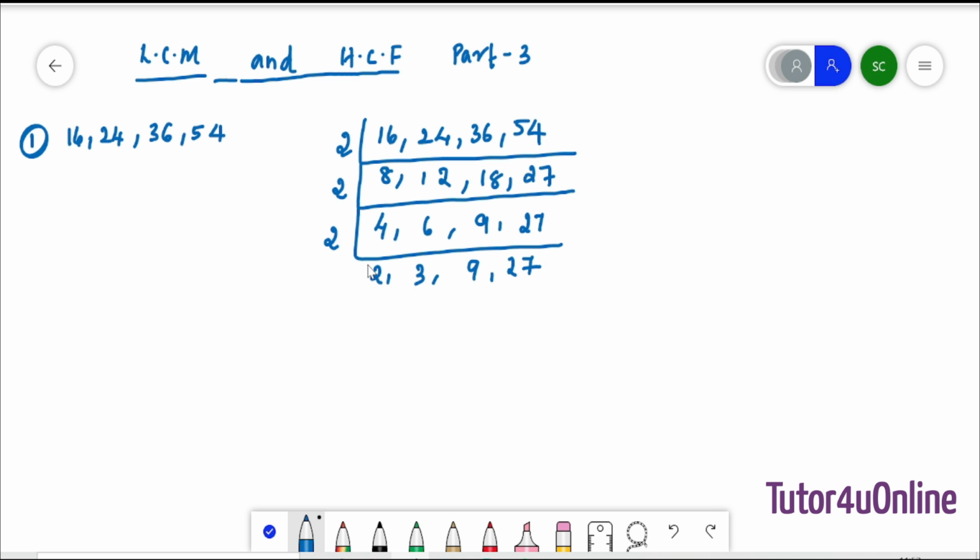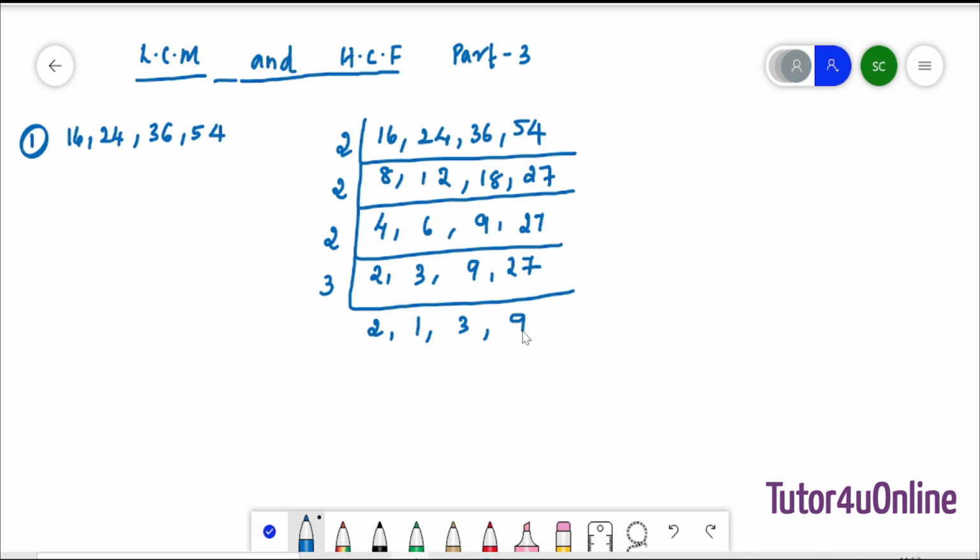Now from here it's clear that 3 is a factor of 3, 9 and 27. So I can write 2 as it is, because 3 is not a factor of 2. Then 3, 1 time. 3 how many times in 9? 3 times. 3 how many times in 27? 9 times.